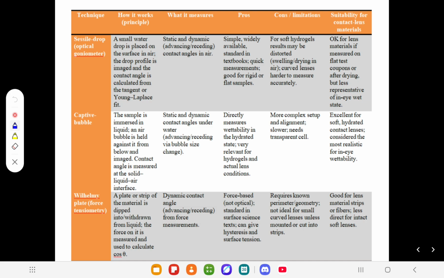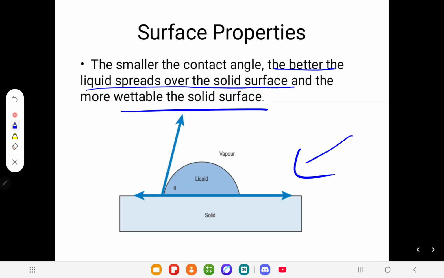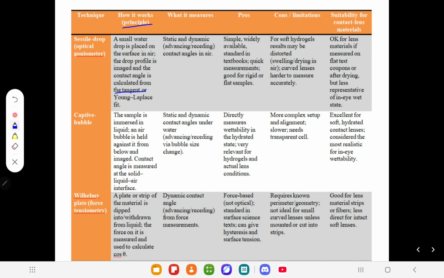Sessile drop method: its principle is that a small water drop is placed on the surface in air, the drop profile is imaged, and the contact angle is calculated from the tangent. This picture shows the sessile drop method, and it measures static and dynamic, basically advancing and receding, contact angles.